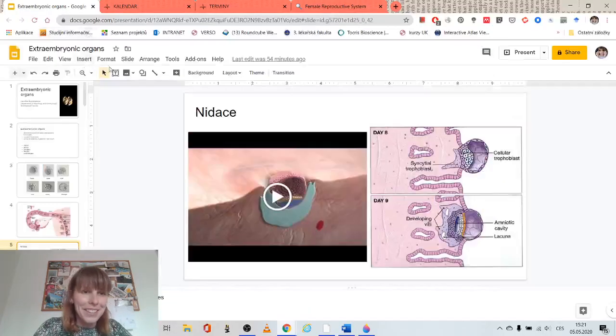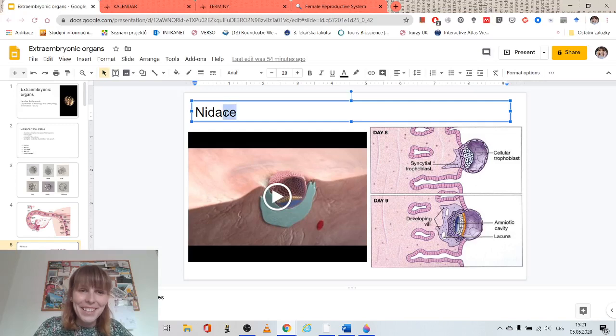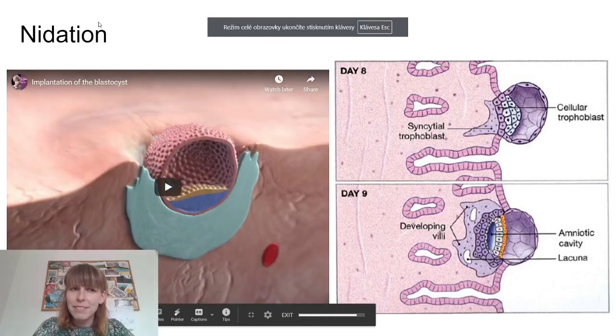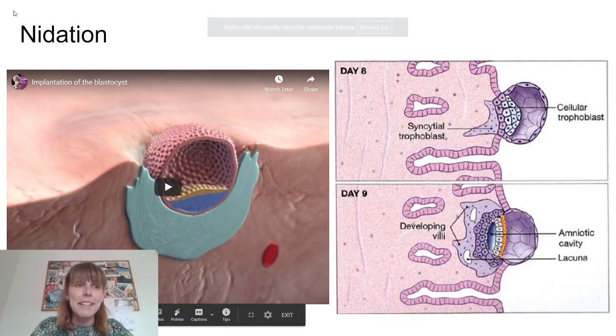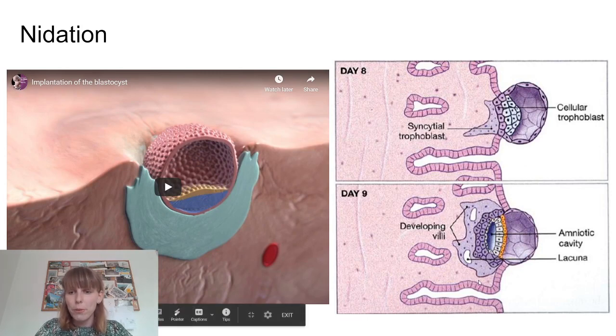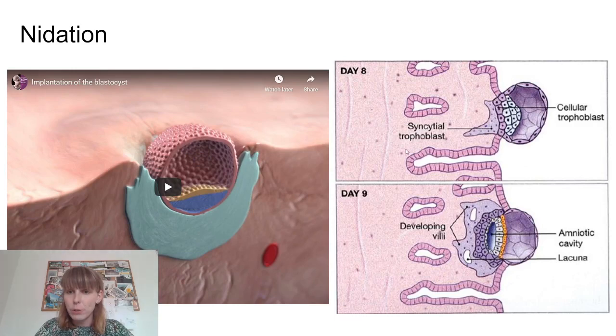And I have it in Czech here, sorry. Nidation comes from Latin or Greek, I think, and it means a nest. So it's sort of forming a nest inside the wall of the uterus, the endometrium, with the endometrial glands, the uterine glands that you can see here.